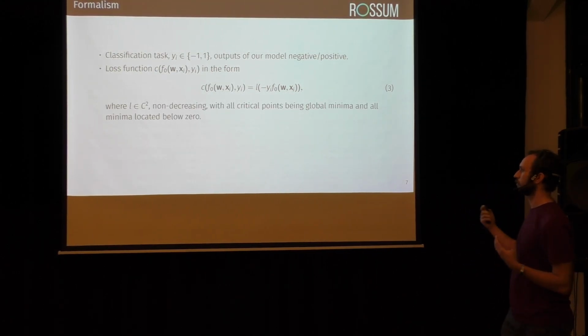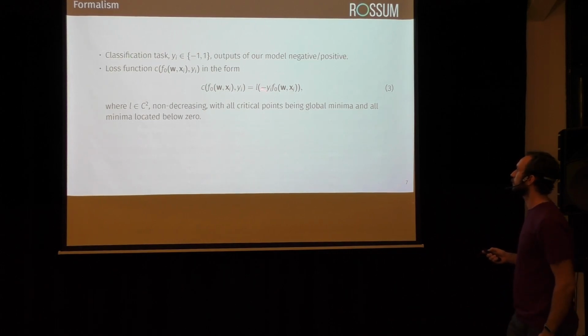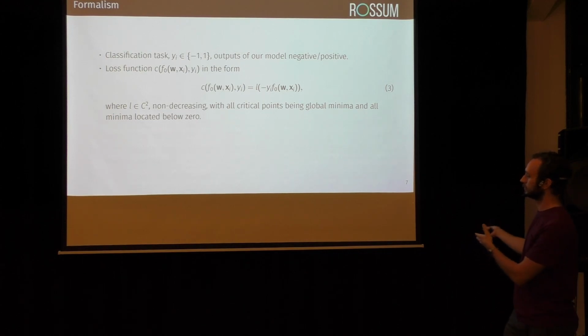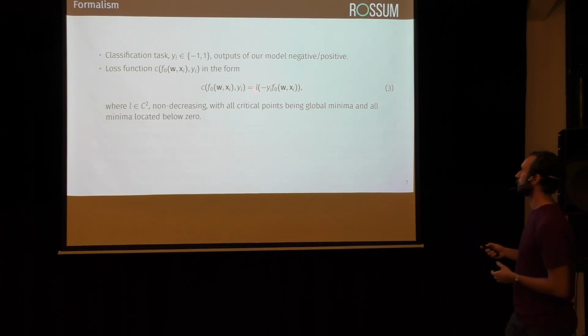On the next slide, I'm going to show the intuition for it. So they expect L to be twice differentiable, non-decreasing, with all critical points being global minima, and they want all the global minima to be on the negative part of the argument.